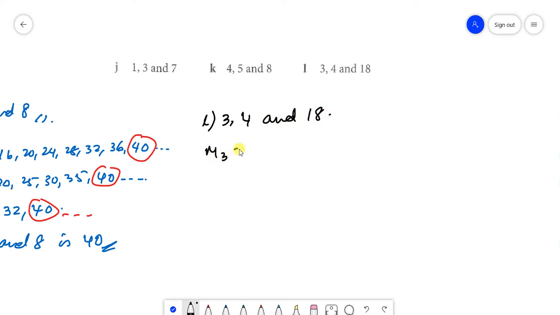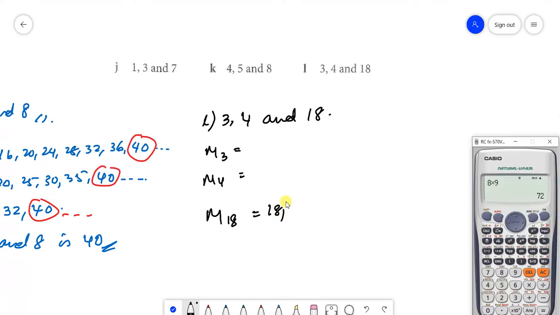So write M3, M4, and M18. Let's start with the bigger number. So 18 times 1 is 18.